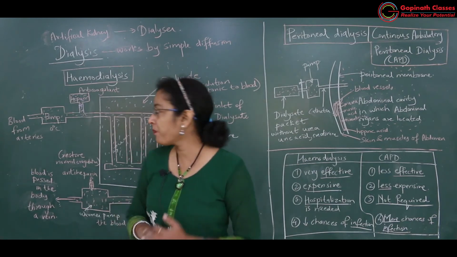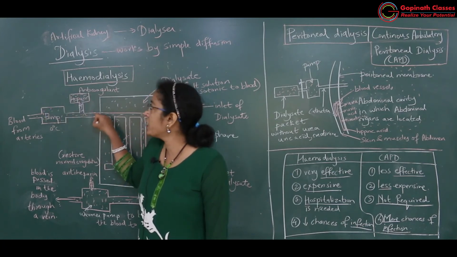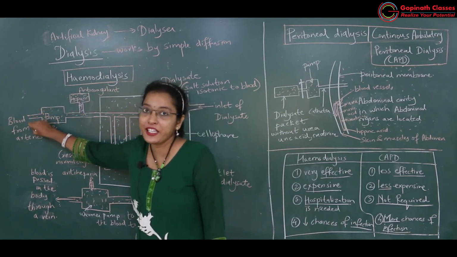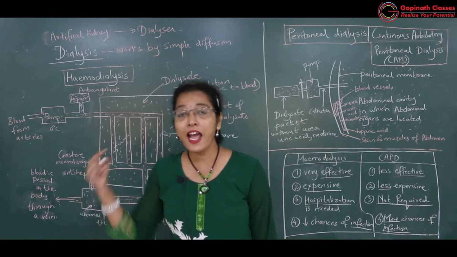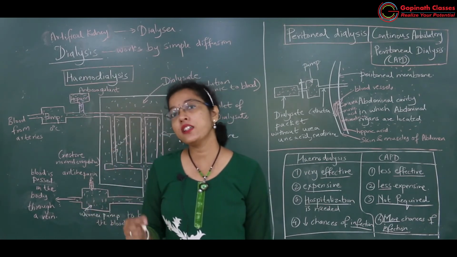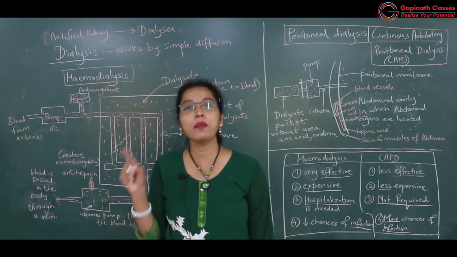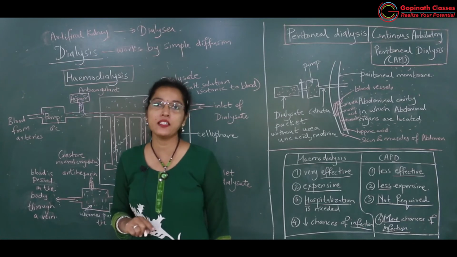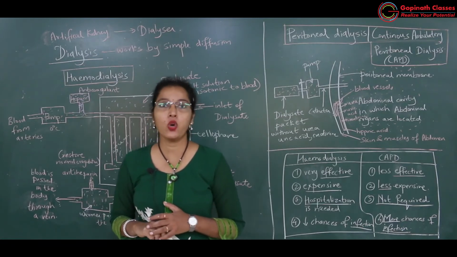So that's why whatever blood is entering the dialysate, we are taking from the renal artery, and we are again adding the blood in the vein, because heart के पास जाने के बाद ही सभी organs के पास blood पहुँचता है, because the heart is the pumping organ.